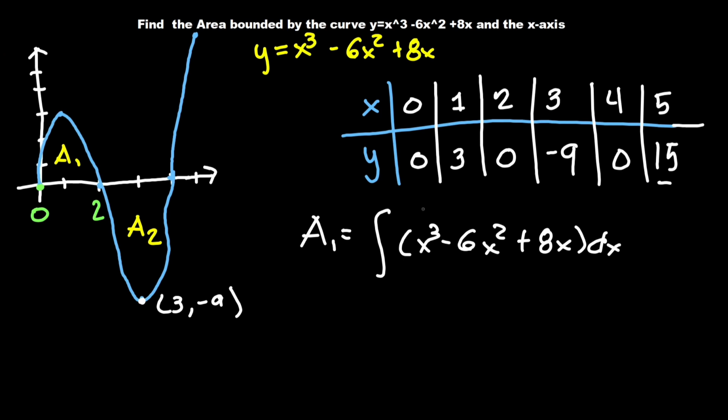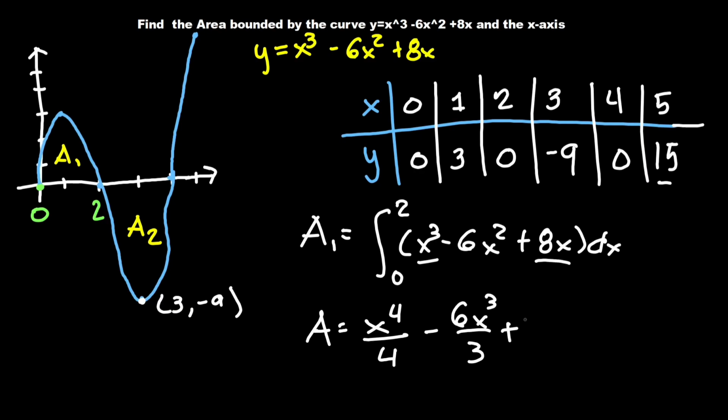So our upper and lower limits right here would be 2 and 0. Integrate this one by one. The integral of x cubed would be x to the power of 4 over 4 minus 6x cubed over 3. The integral of 8x would be 8x squared over 2.